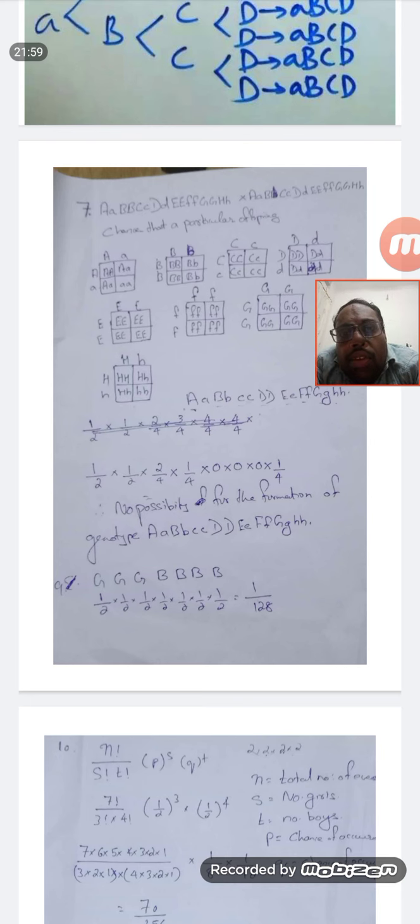So we can divide it into monohybrid crosses, and from each monohybrid cross we will see whether that particular genotype is forming. If it is forming, finally we will get how many offspring are possible with this type of genotype. That is the basic thing.